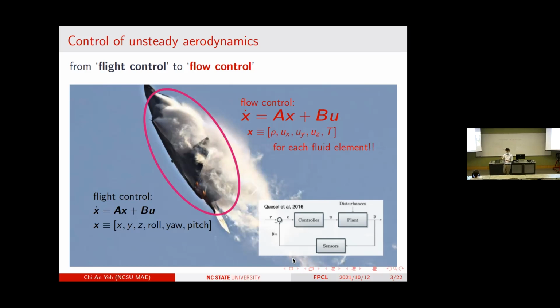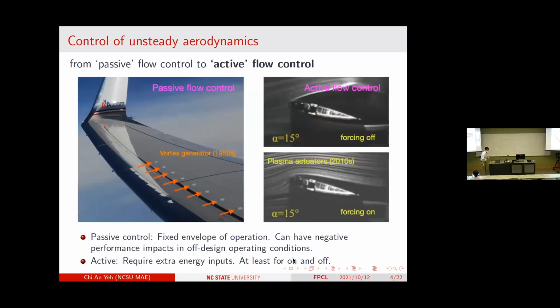You can't have the controller have some sort of time delay, because the computer can't catch up with the speed, right? However, because the fluid flow system is such a high dimensional system, everything really comes down to how big that system is and how to address that.